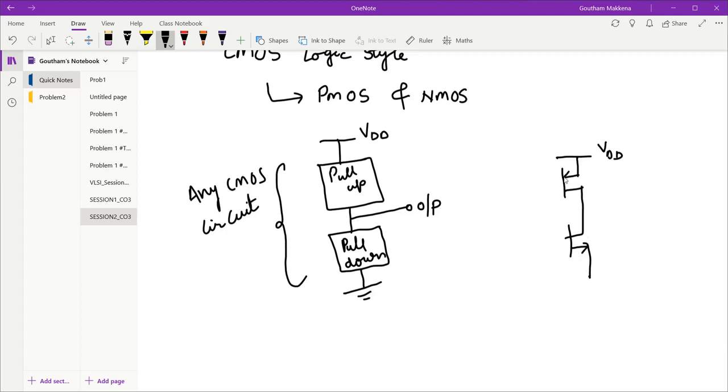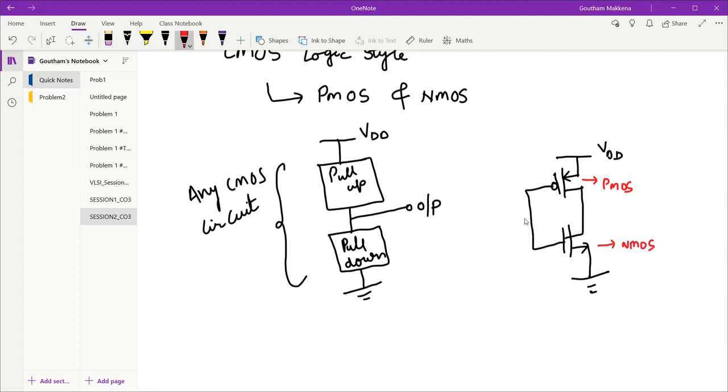The first transistor that is nearer to the VDD is nothing but my PMOS transistor. I am speaking about this. This is my PMOS transistor, whereas this is my NMOS transistor.